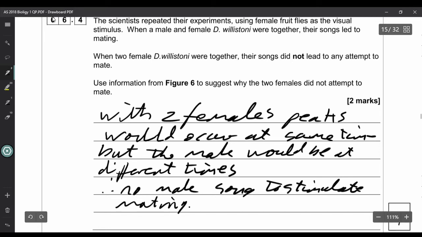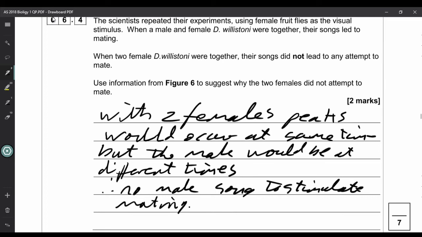So remember, it's courtship that stimulates mating. So this is part of the courtship. You need these two different songs to stimulate the mating. So some students during the exam had put that one female or both females recognise that they're both females, so therefore they wouldn't mate.